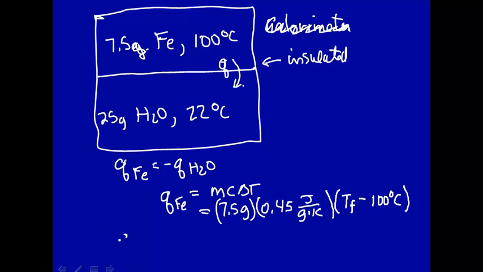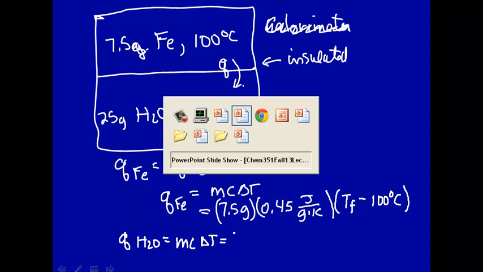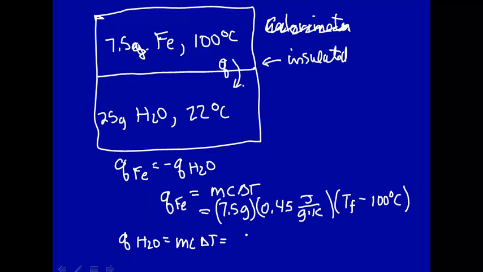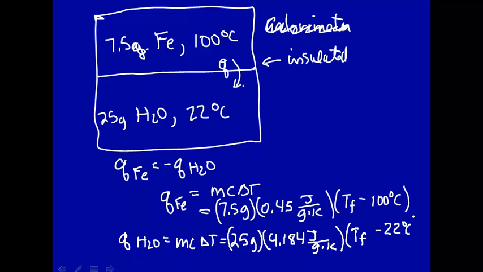And similarly, Q for water, we'll use that again as mc delta T, because we're given the specific heat capacity of water, 4.184 joule per gram per Kelvin. So we have 25 grams of water. The specific heat capacity is 4.184 joule per gram Kelvin. And here we have the final temperature minus the initial temperature, 22 degrees C. We don't know the final temperature, but we do know the initial temperature.